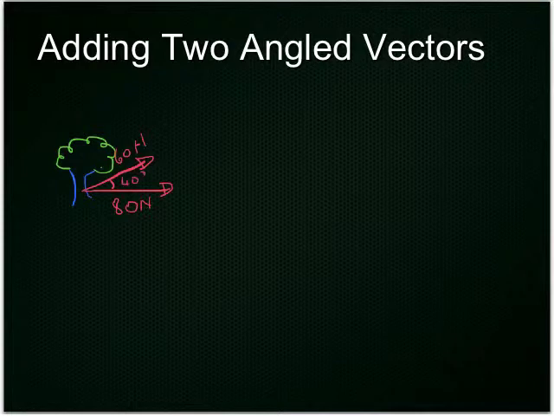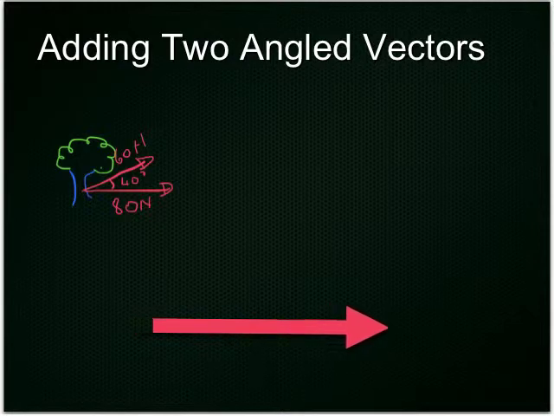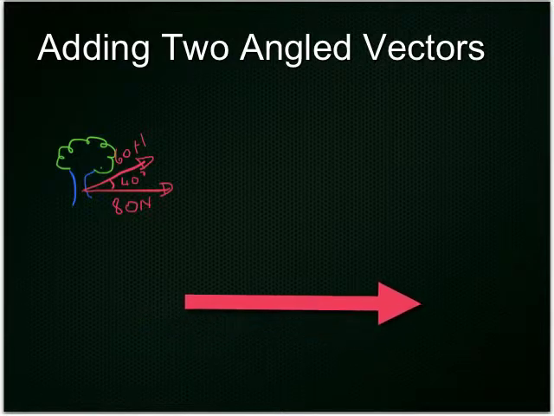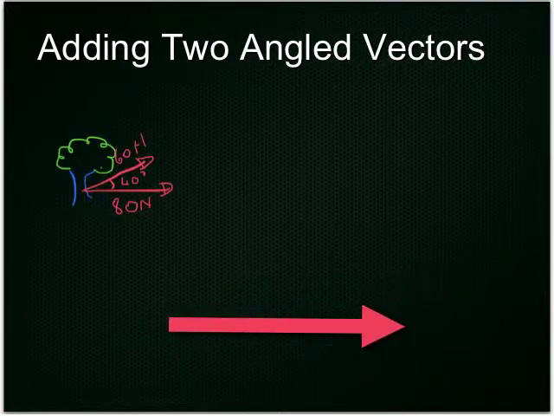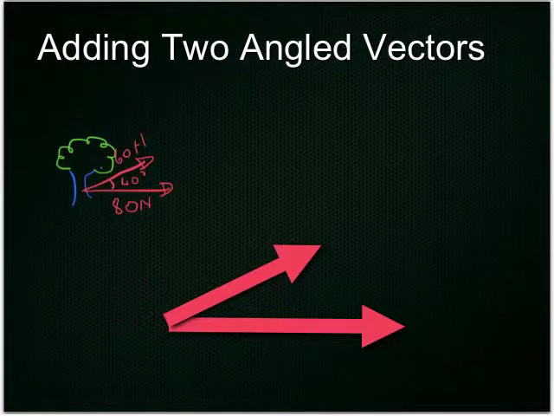Now what you would do is actually draw this thing properly. So you'll draw one arrow like that, and that would be the 80, and then you'll draw the 60, a bit shorter.